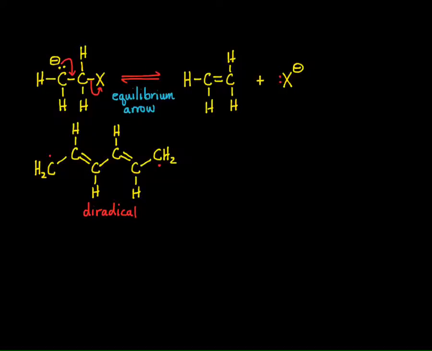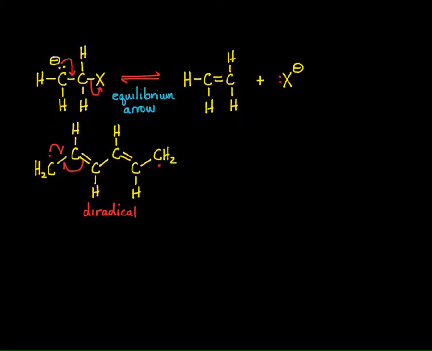Now, I can draw a resonance structure of this diradical. But I'm only going to be moving one electron at a time. And so I want you to follow along in how I do this. So I'm going to start on the left side, and I can donate that one electron to form a bond between the two carbons. But a bond consists of two electrons, and I only have one. What can I do? Well, I can take one electron from one of my pi bonds.